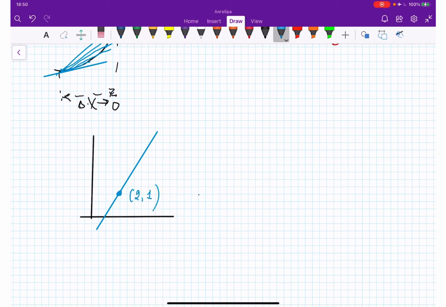I have the graph, y equals 2x minus 3. We need to find the slope of this graph at the point c equals 2. We are going to apply the definition of slope.